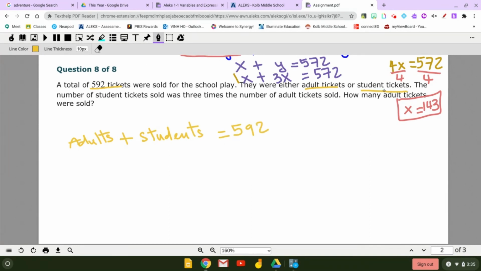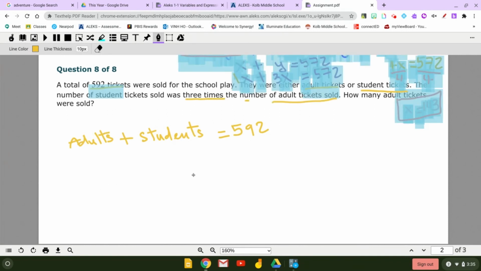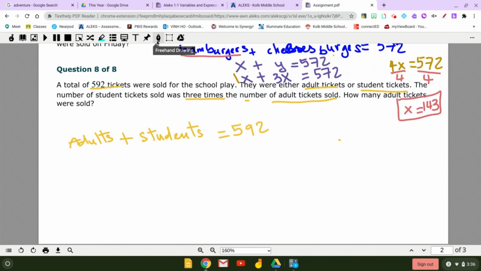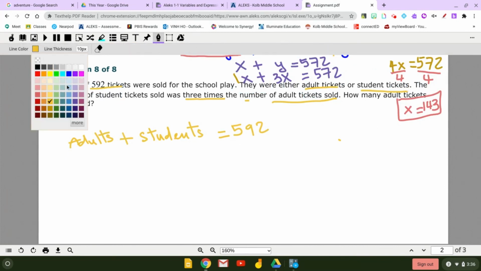The number of student tickets sold is 3 times the number of adult tickets sold. So the amount of students is 3 times the adults. I don't know, was that clear on the last one, where I used X and Y? So I'm going to slow down on this one.